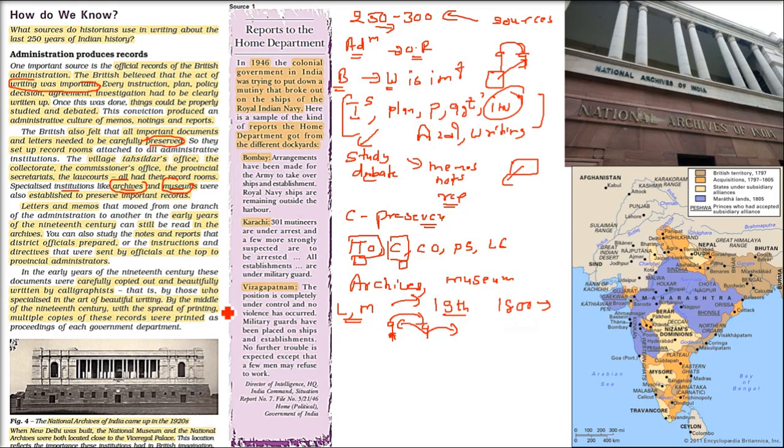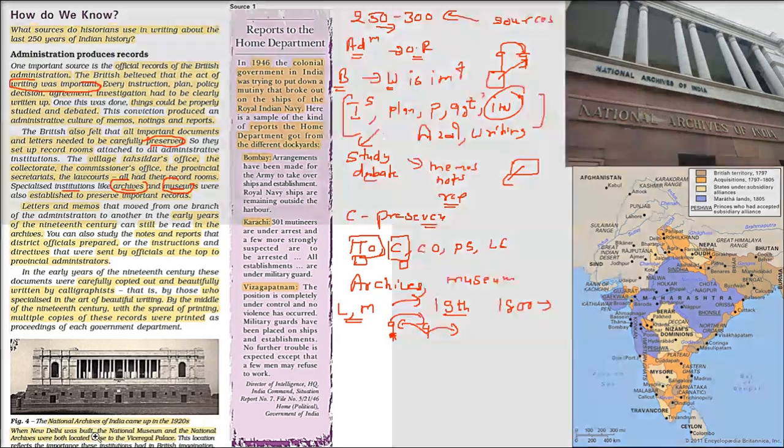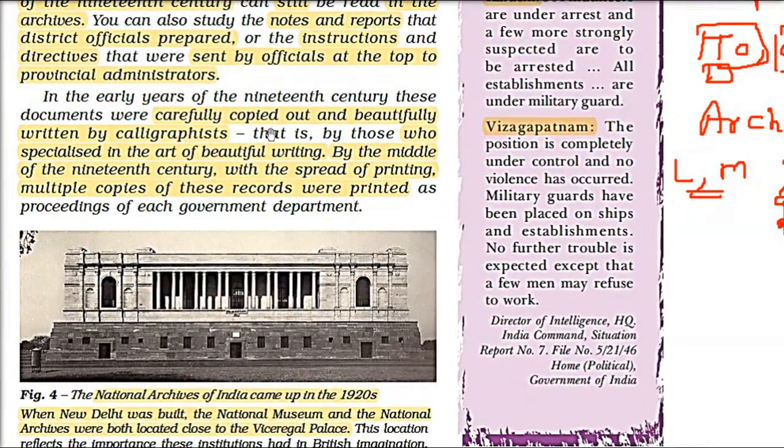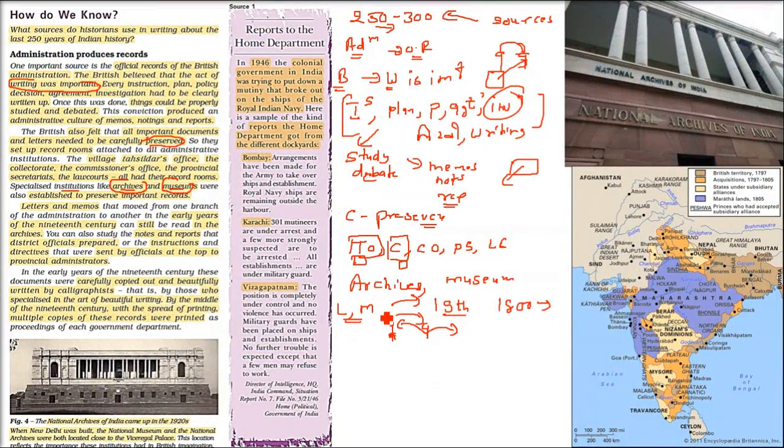At this time, there were people called calligraphists, Naqal Navis, Khush Nafis. Calligraphists are people who write very well, who have very beautiful handwriting, specialized writers. I'm talking about the early 18th century. So calligraphists, again understand, are those who write well, and everything which is written is being written by them.